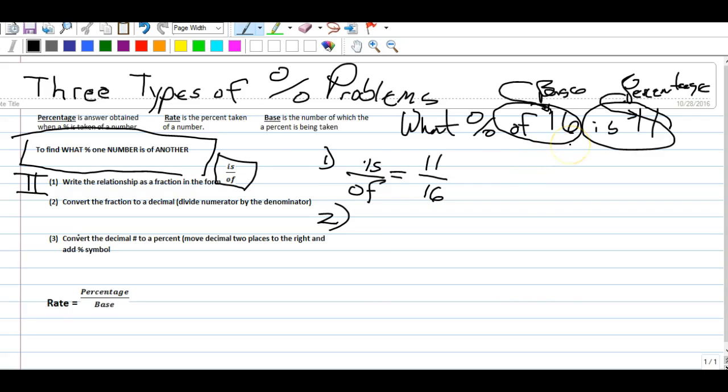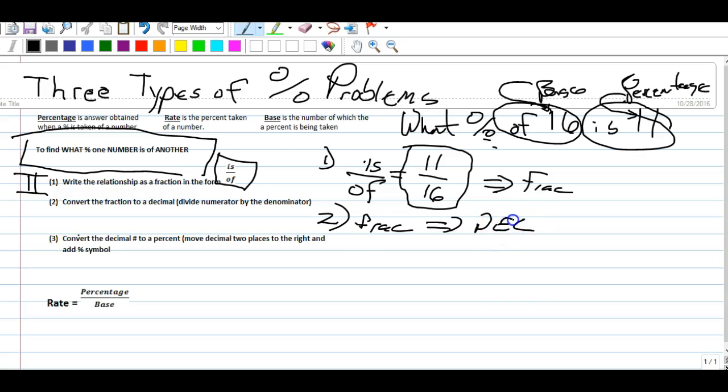So identify what corresponds to is and what corresponds to of. And that gives you your fractional relationship. But remember, I'm looking for a percent, and a fraction is not a percent. So the next thing I'm going to do is take that fraction from step 1 and convert that to a decimal number.